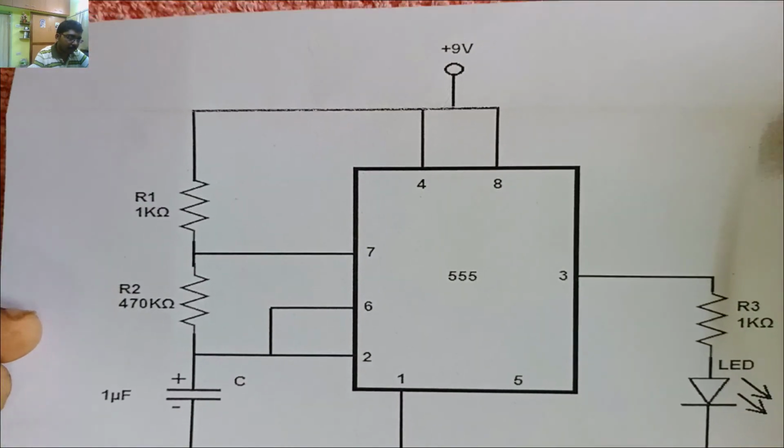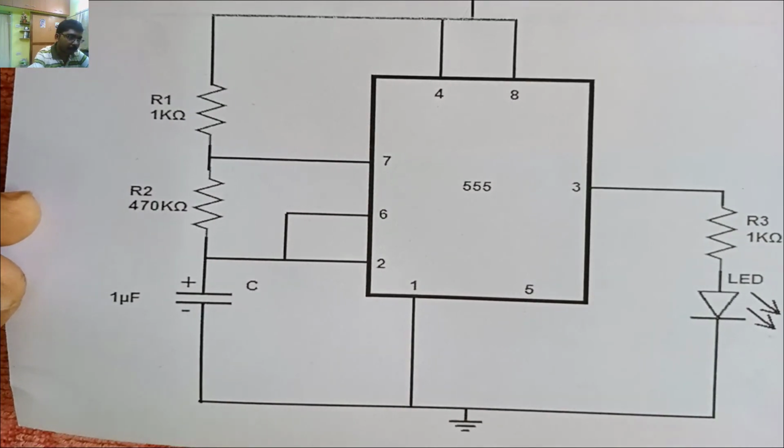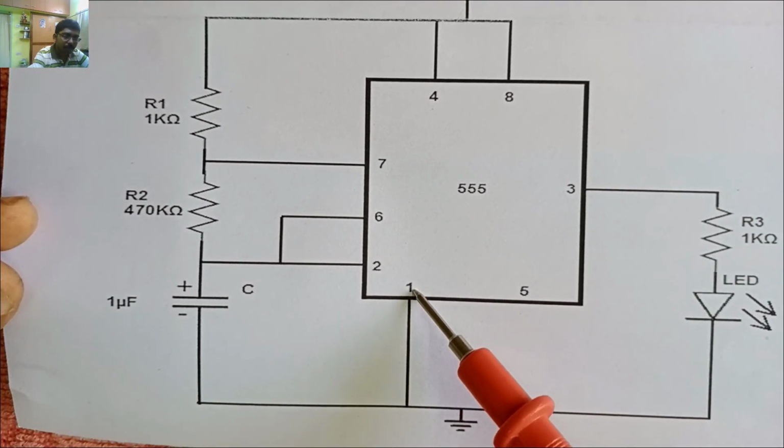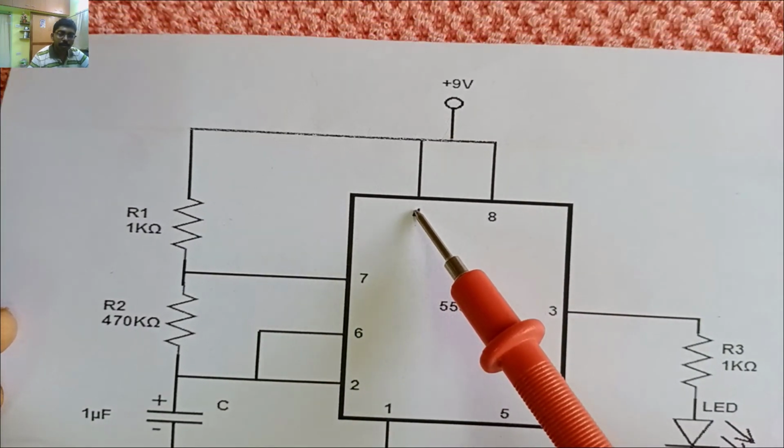Now let me start building the Astable Multivibrator using 555. First we ground the first pin and connect the fourth and eighth.